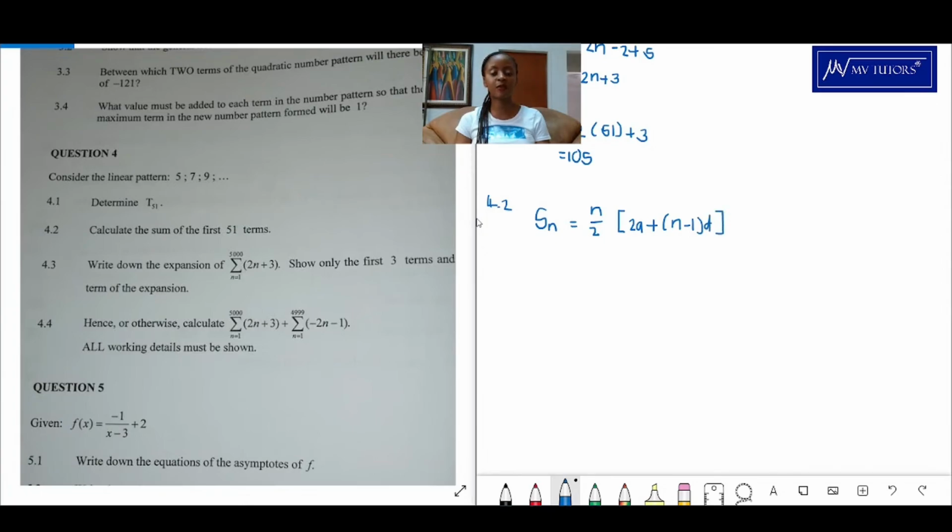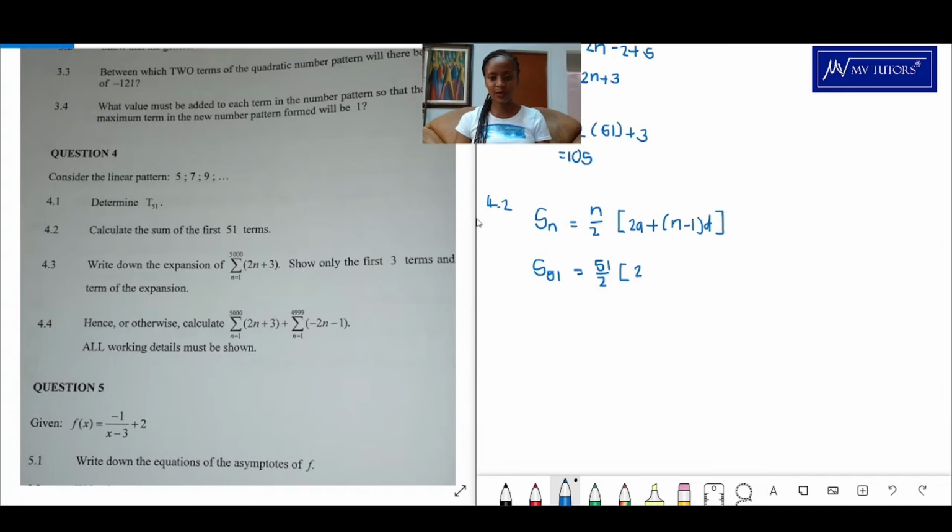So this is the sum formula for the arithmetic series. We also have the sum formula for the geometric series. There is no sum formula for the quadratic pattern. I don't know if you've noticed, but yeah. So we are looking for the sum of the first 51 terms. Okay, so we are going to substitute 51 wherever we have n.